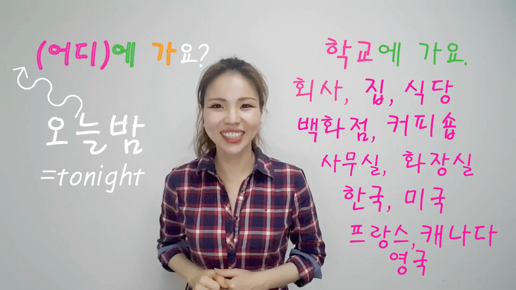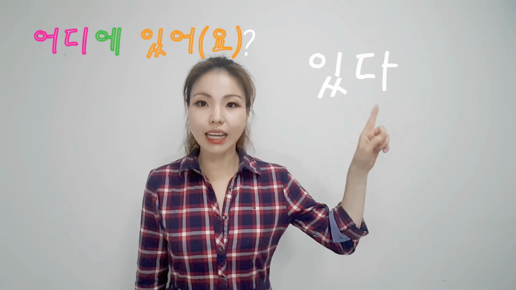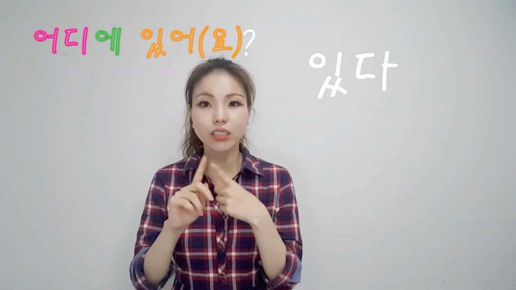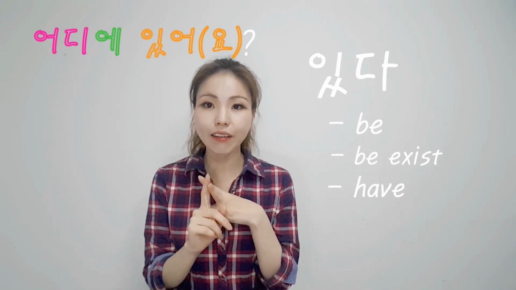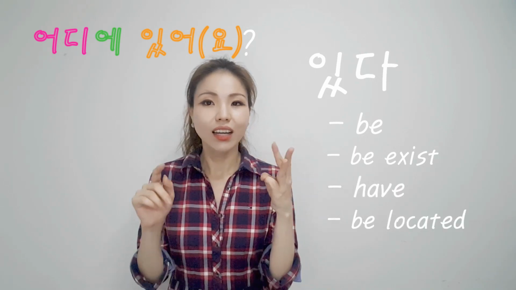클럽에 가요. Next, we're going to study where are you? 어디에 있어? 어디에 있어요? Just change the verb part. In this case, we use the 있다 verb. 있다 has lots of different meanings in English. First, it means be, so be, exist, or have, or be located, and stay.